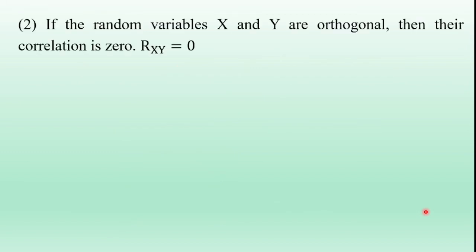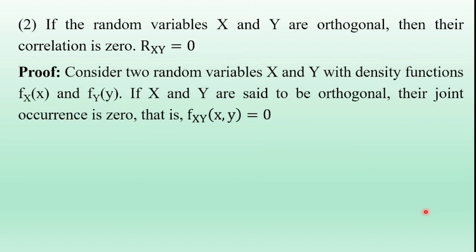The second property is: if the random variables capital X and capital Y are orthogonal to each other, then their correlation is 0. That is, R suffix XY is equal to 0. From the previous property, X and Y are two random variables with joint density function fXY of x comma y, and marginal density functions fX of x and fY of y.